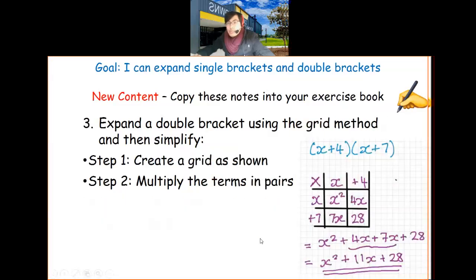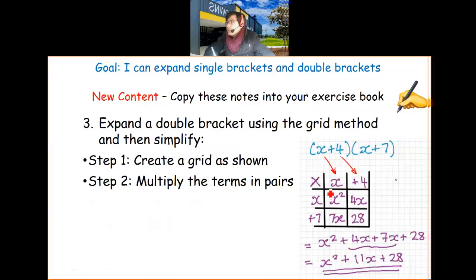Now we can also use another method here called the grid method. Okay, so what you have to do is create a grid like this. And what's happened here is you fill in the x, then put the x in here and put the plus 4 in here.